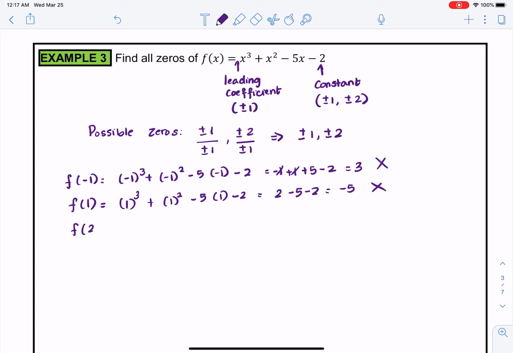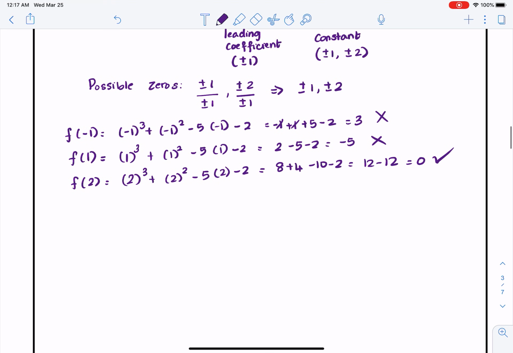Let's plug in 2. 2 cubed plus 2 squared minus 5 times 2 minus 2: 8 plus 4 minus 10 minus 2. We have 12 minus 12. We get 0, so check. So we've got our first zero.